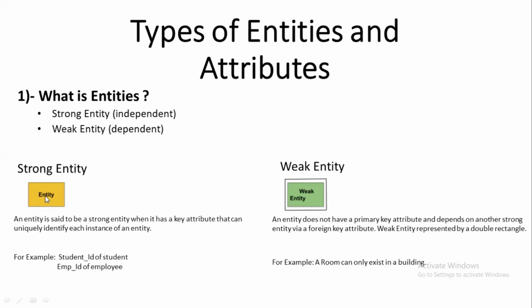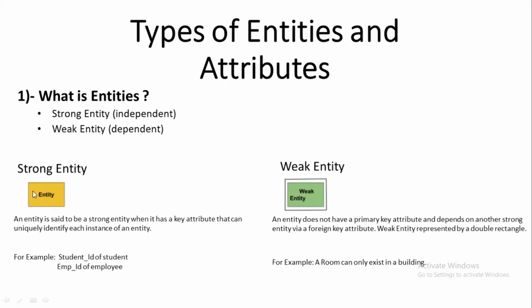The entities are divided into two main parts. What are the two main parts? The first is the strong entity and the second is the weak entity. The strong entity is represented by a single rectangle shape. The weak entity is represented by a double rectangle shape.